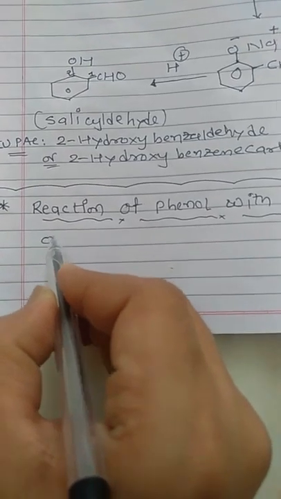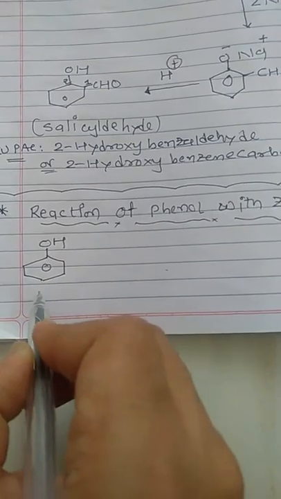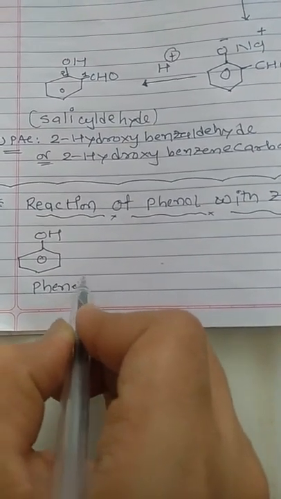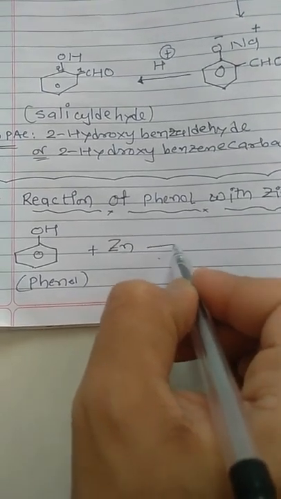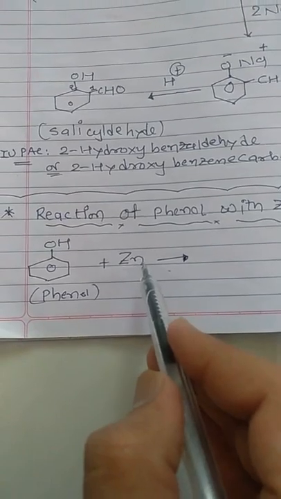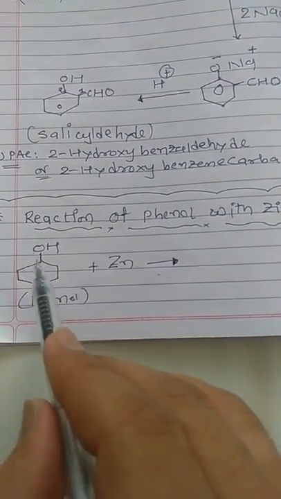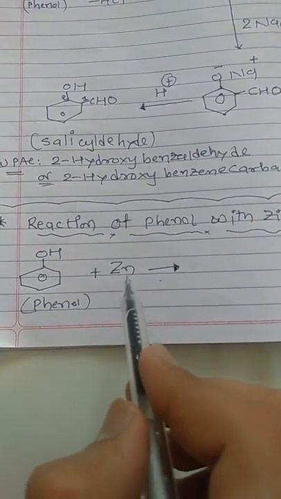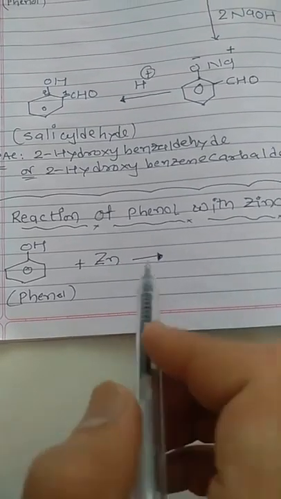So the next topic is the reaction of phenol with zinc dust. First of all, we will draw the structure of phenol. When it reacts with zinc dust, what is the role of zinc in this process? Zinc is used as a reducing agent, so it will remove oxygen from here. Zinc itself is a reducing agent, but at the end of the reaction it is oxidized.